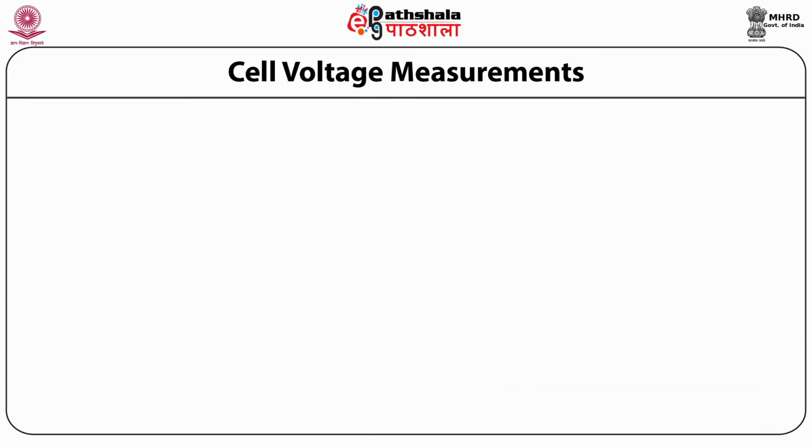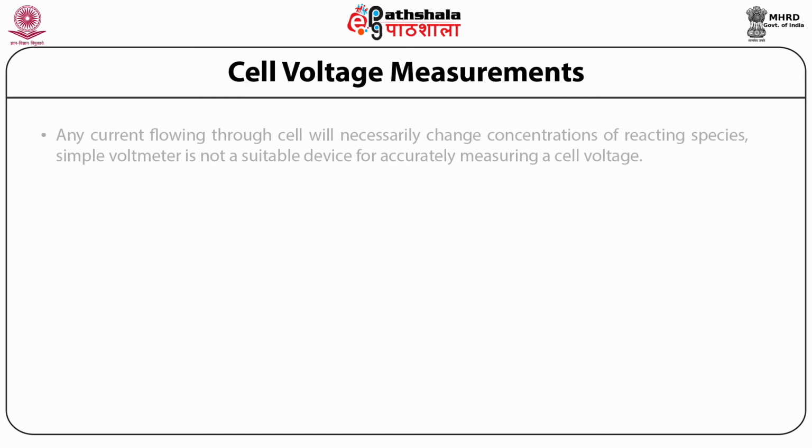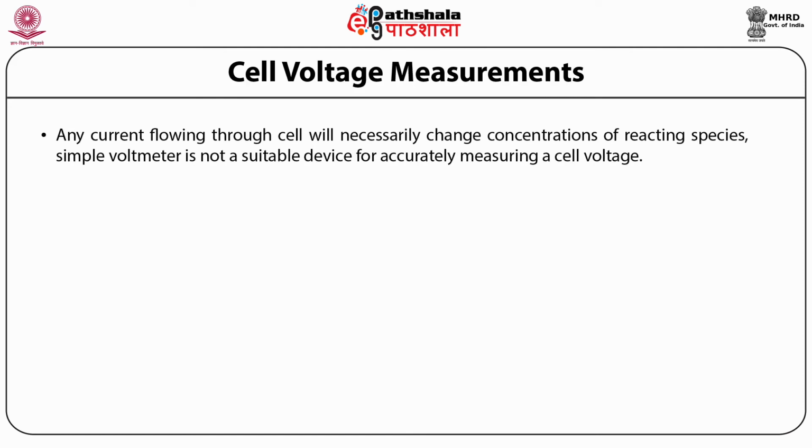For the measurement of cell voltage, ordinary voltmeters and ammeters require small but appreciable currents to deflect the needle. Since any current flowing through the cell will necessarily change the concentration of the reacting species, the simple voltmeter is not a suitable device for accurately measuring a cell voltage.